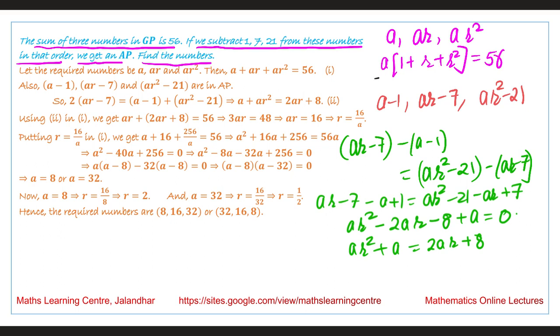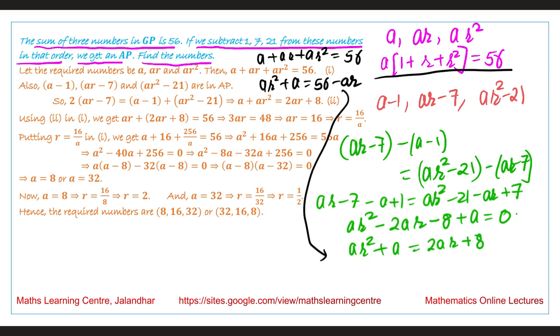Now look at this term over here. It is A plus AR square is equal to 56. So what we get from this is that AR square plus A is equal to 56 minus AR. If we substitute this value over here, we get 56 minus AR is equal to 2AR plus 8.